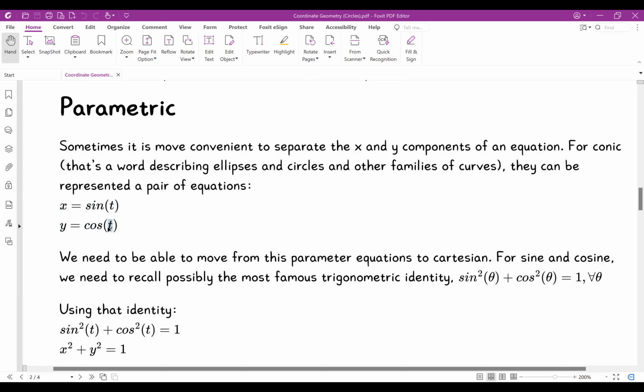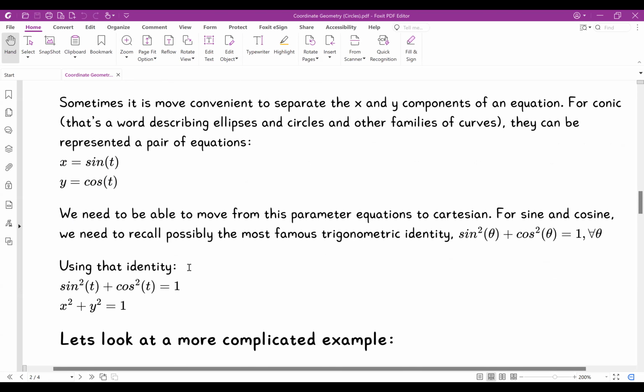T is just a variable like x and y, but it's hidden, right? It's a parametric, which means that we no longer have x and y together. Remember, you usually have something like y equals 2x. No, instead I'm saying that x is a value and y is a value that depend on a new variable called t.